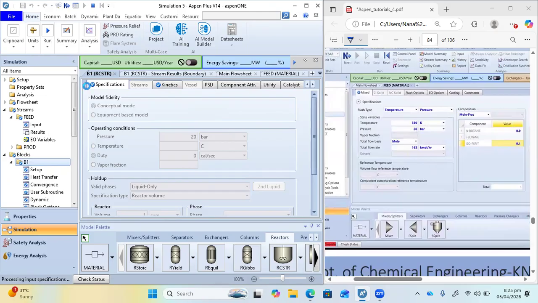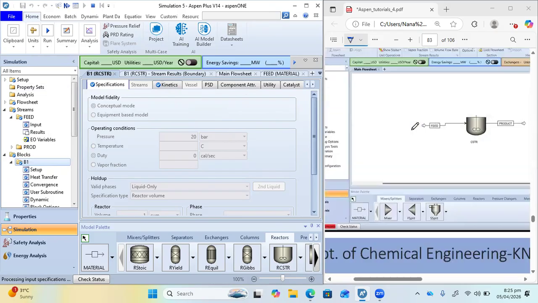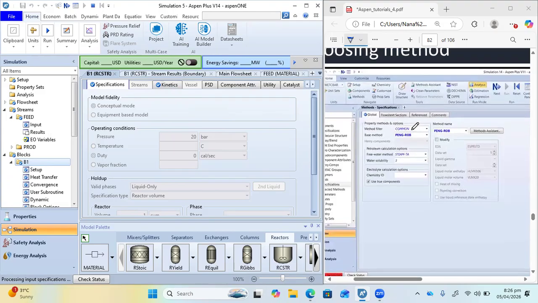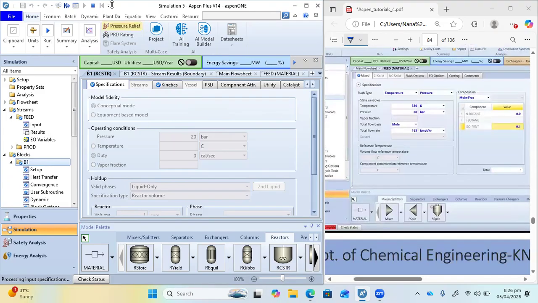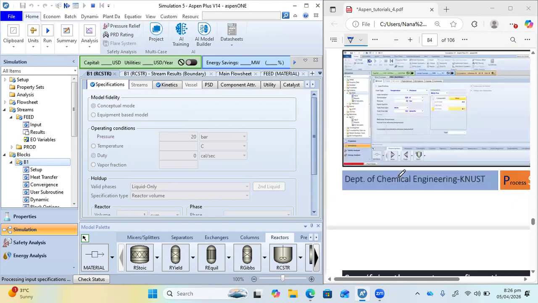I have to check these values again. Oh, okay, could also be the property method I selected. That's fine. So when it's done running, I'll confirm it. But while it's running, are there any questions? Any questions so far?